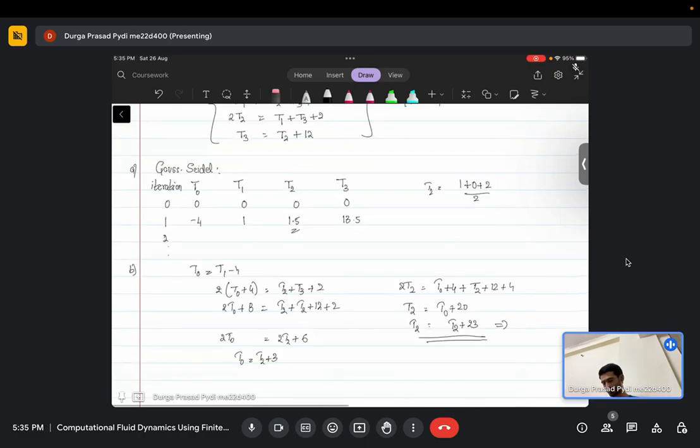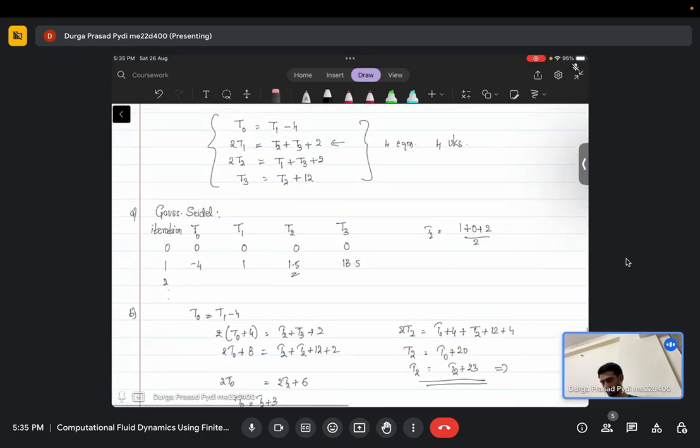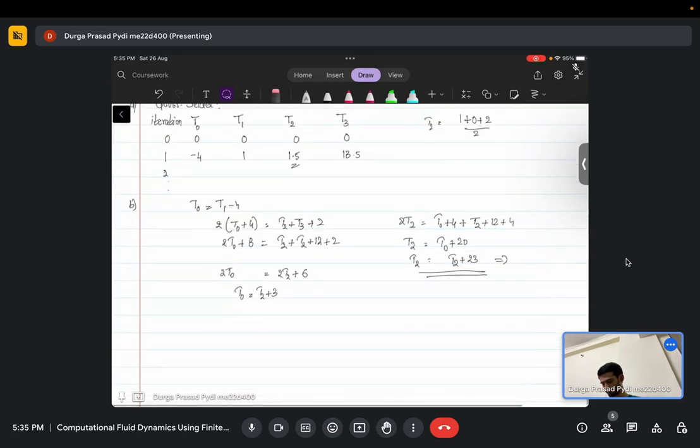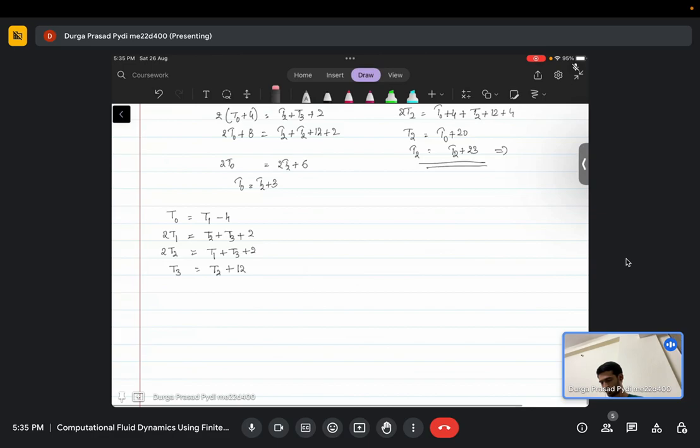Maybe I can do that also, just to convince you that that is the case. So we'll do it systematically now. Since T2 is given, from here we'll take T1 as T0 plus 4 and substitute it back here.